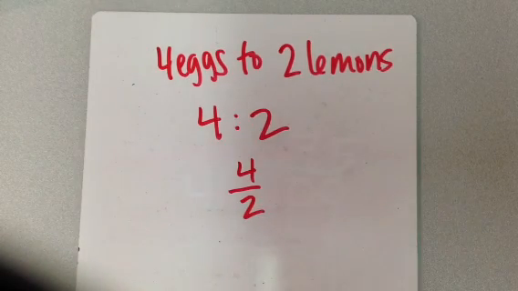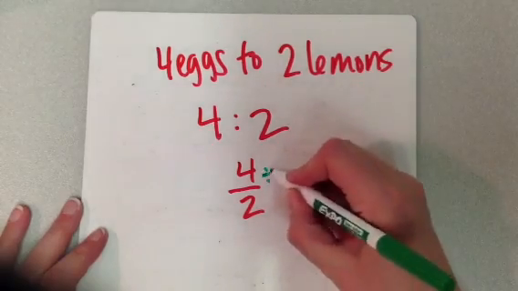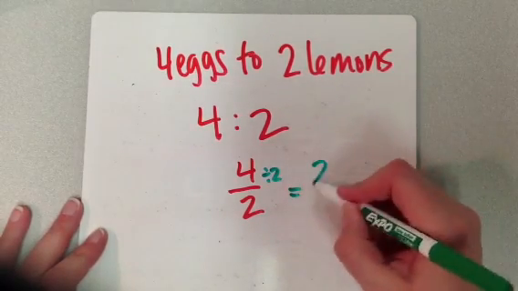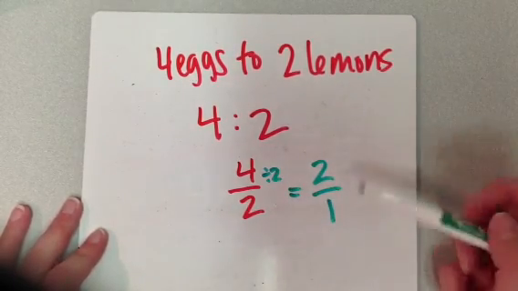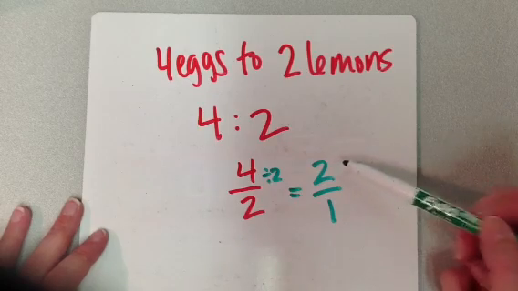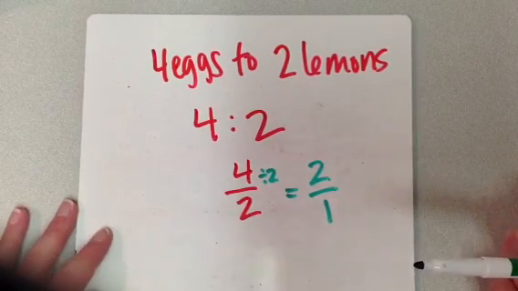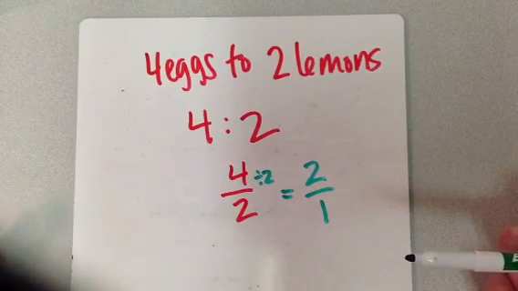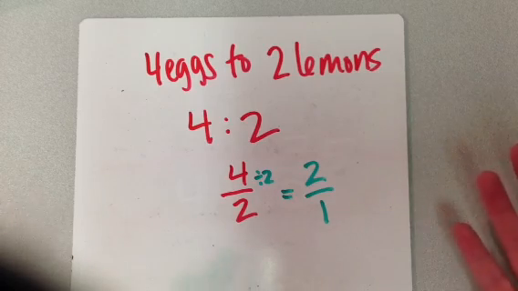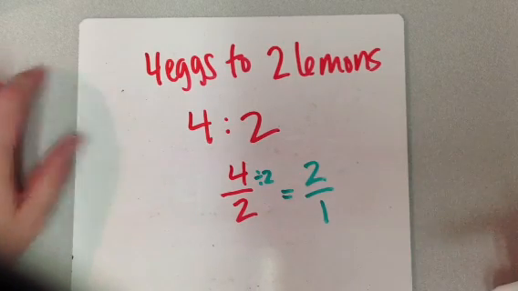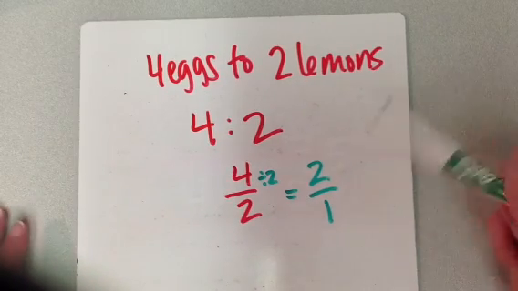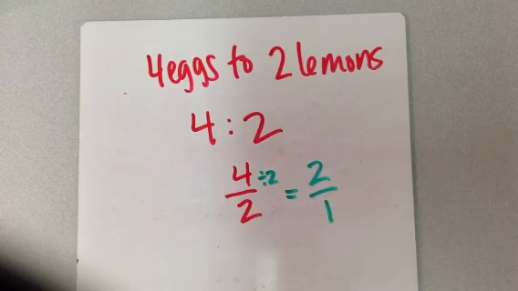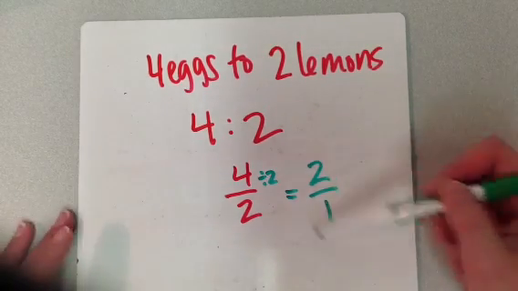Can I reduce this ratio? I sure can. What it basically means is that for every 2 eggs, I put in 1 lemon. If I wanted to reduce the recipe, make a smaller batch or something like that, I could do this. Or if I just wanted to clarify for myself, I would do this.